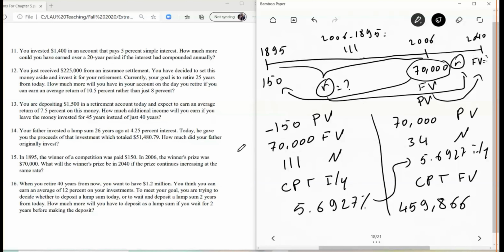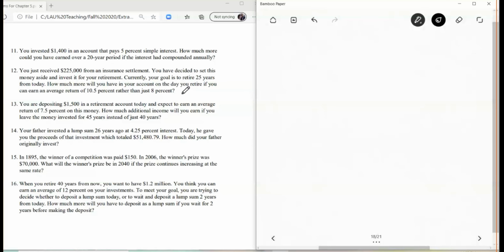The final problem, problem number 16. When you retire 4 years from now, so you plan on retiring after 4 years, you want to have 1.2 million. So you want to have a future value of 1.2 million. You think you can earn an average of 12% on your investment.